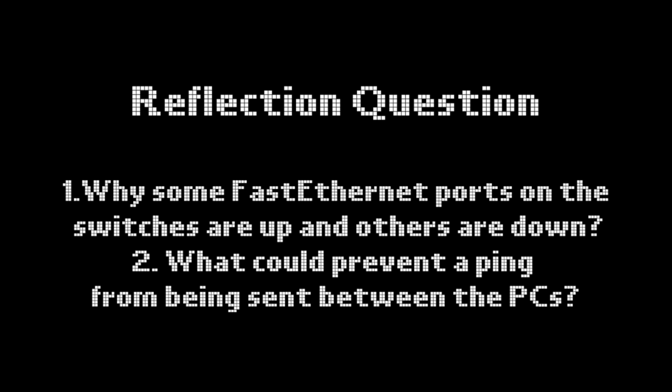And the second one is, what would prevent a ping from being sent between the PCs? What could prevent a ping is a wrong IP address, media disconnected, switch powered off, port administratively down, and firewall.